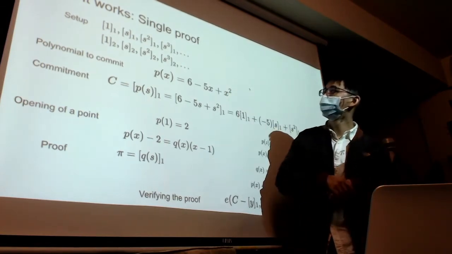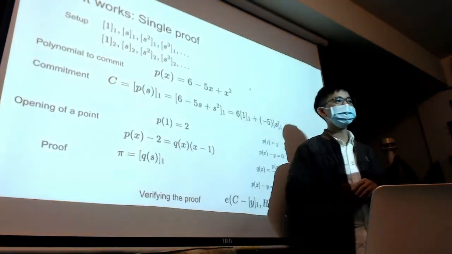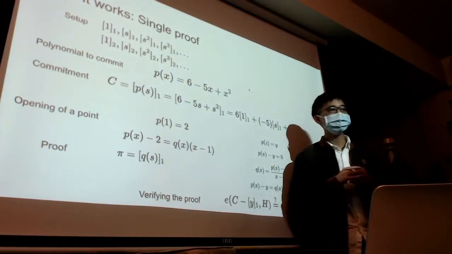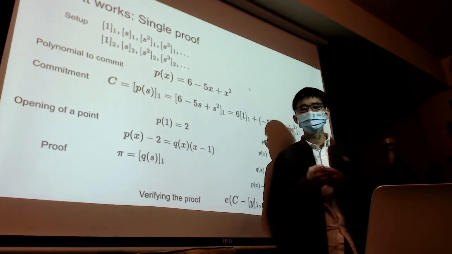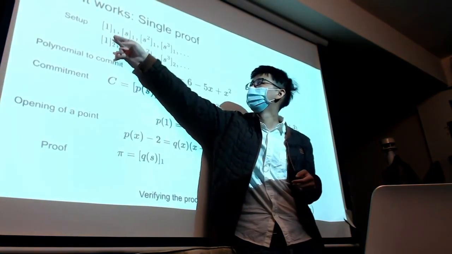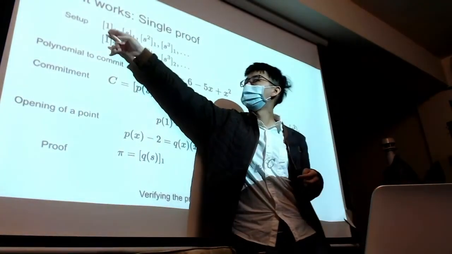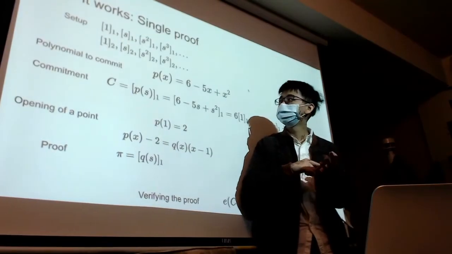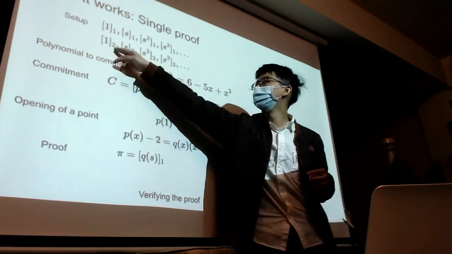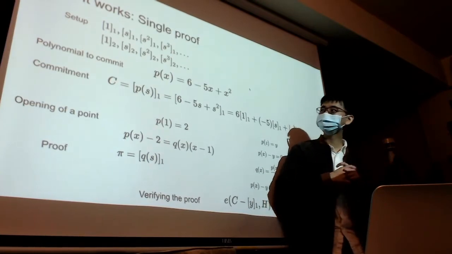Before we do the rest of the things, we need to run a trusted setup, just like the trusted setup you do in a typical zero knowledge proof. This bracket means we are multiplying 1 to an elliptic curve point in group G1, and this bracket means we are multiplying to the group G2.